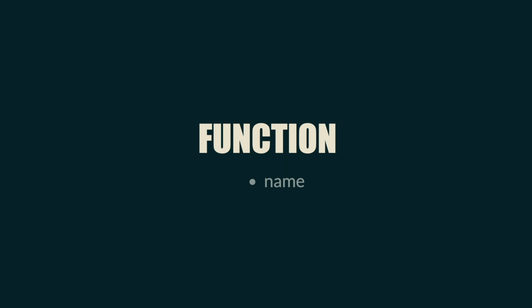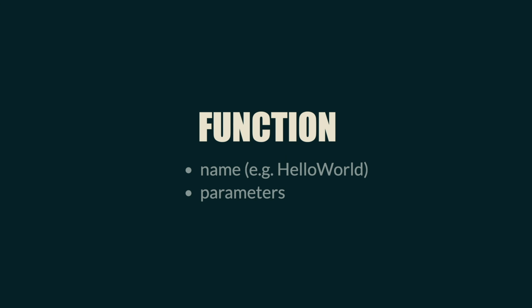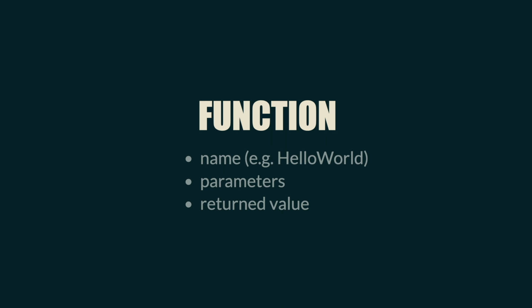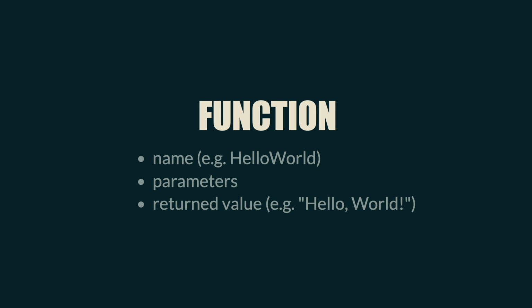A function has a name that you choose to describe what it does. In our case, its name is hello world. It can take inputs or parameters if needed to perform its task. Our function hello world won't have any parameters. It can also return a result if needed after completing its task. As I mentioned before, our function must return the string hello world.